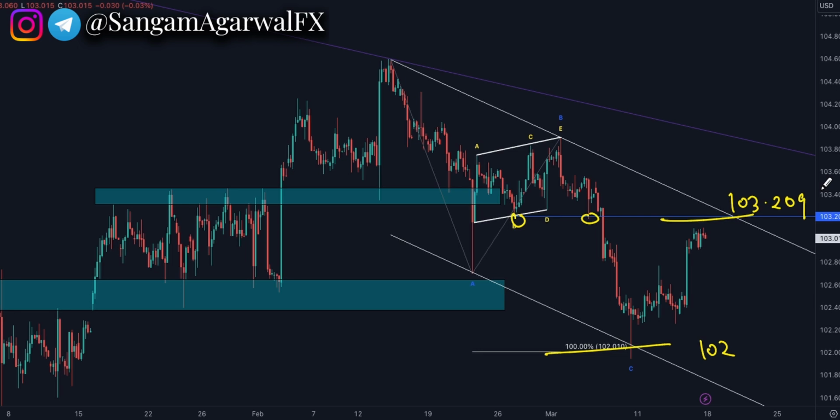If the dollar turns bullish because of the Fed FOMC for the next few weeks, then wait for a breakout of this blue line. Then after a retest you can easily buy. A breakout of the 103.209 level will be technical confirmation that the Fed did something for a bullish dollar.